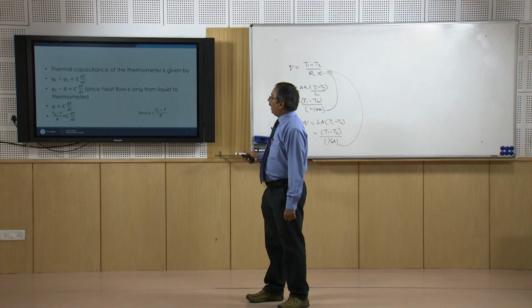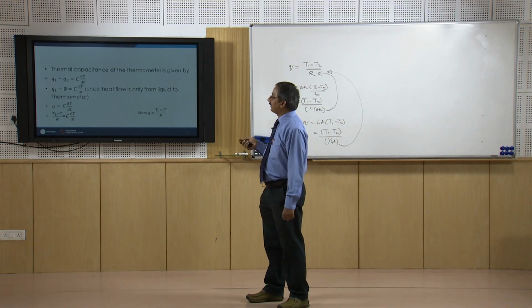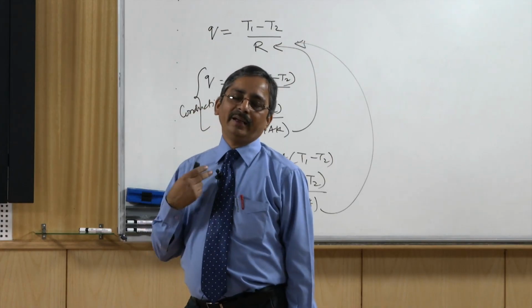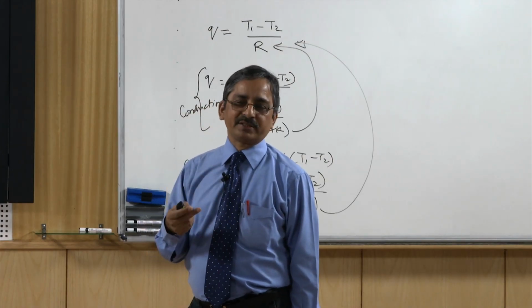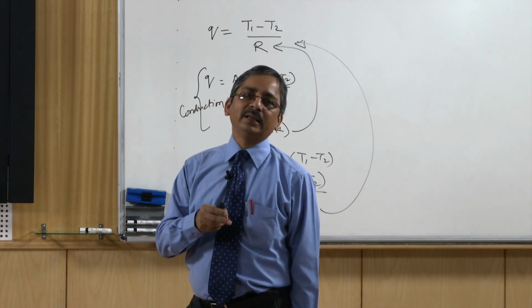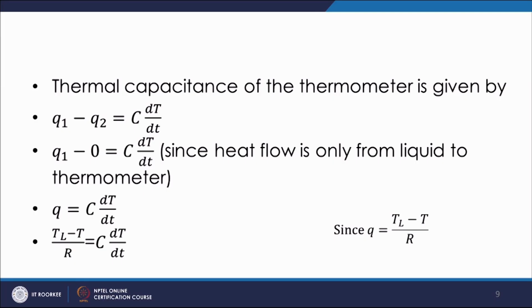Now, after defining the thermal resistance, we can define the thermal capacitance, and then we combine both of these expressions, that is the expression of thermal capacitance and the thermal resistance. So, the thermal capacitance of the thermometer is given by Q1 minus Q2 is equal to C dT by dt.